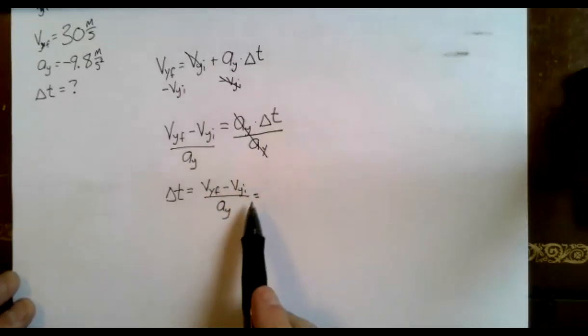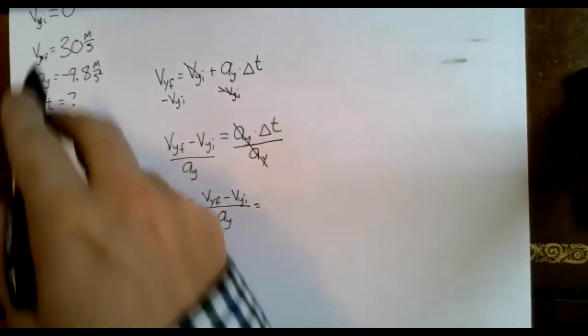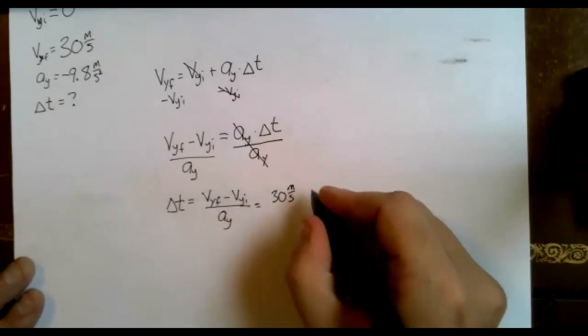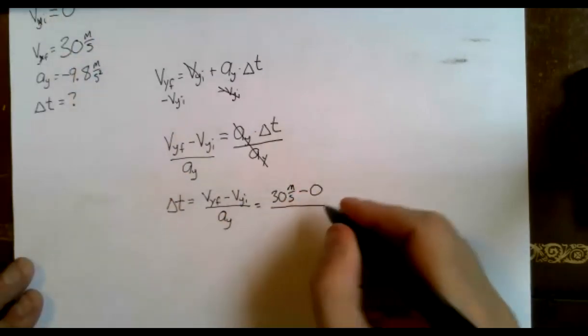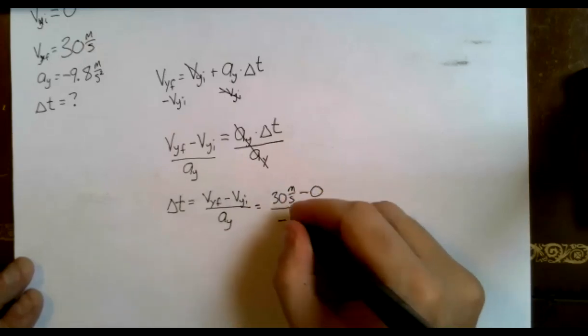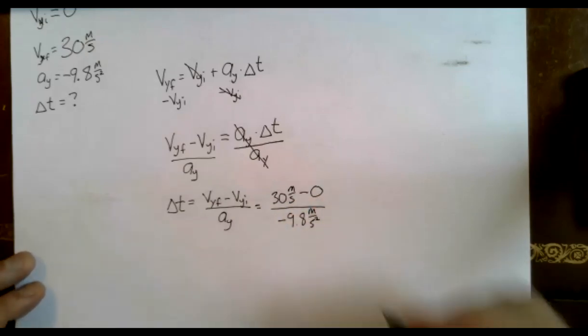So I can plug in my numbers now. That's step 5, right? My final velocity I know is just 30 meters per second, minus my initial velocity, which I know is 0, and then divided by my acceleration, which is negative 9.8 meters per second squared.